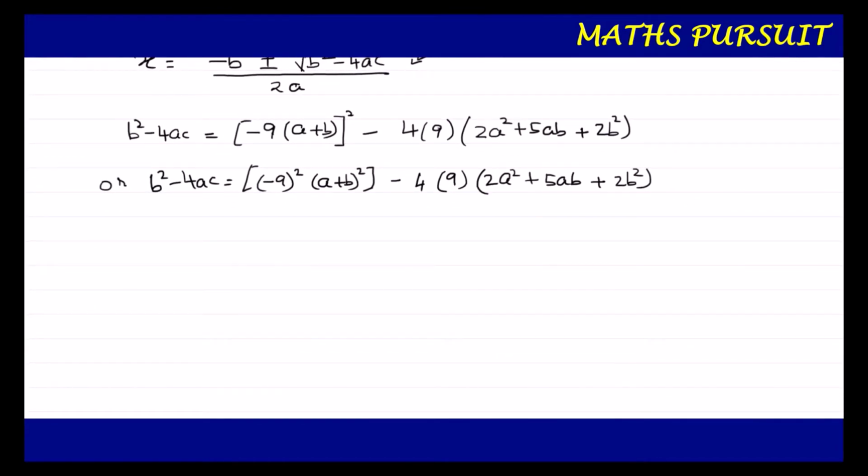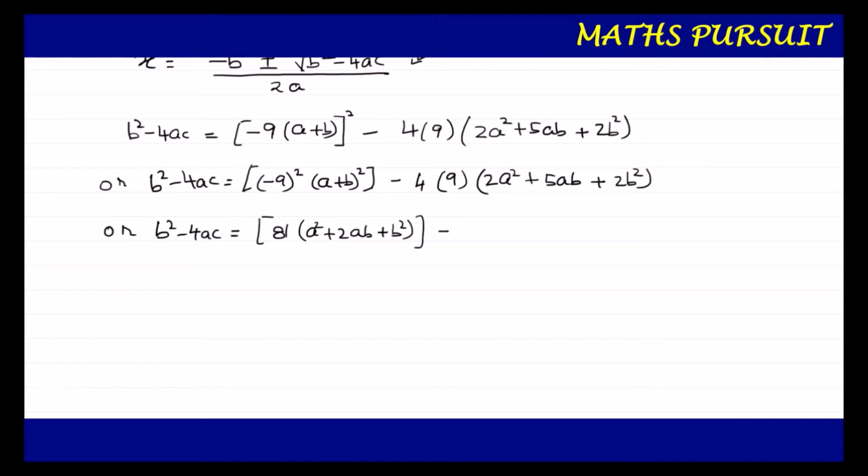So b^2 minus 4ac is equal to minus 9 squared, which is 81, since 9 nines are 81 so it became positive, times (a+b) whole square, which is a^2 plus 2ab plus b^2.